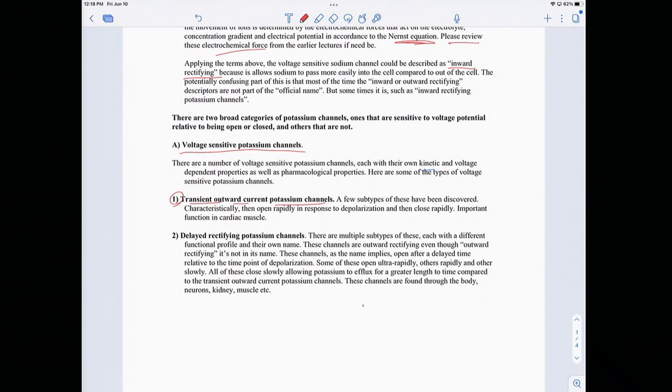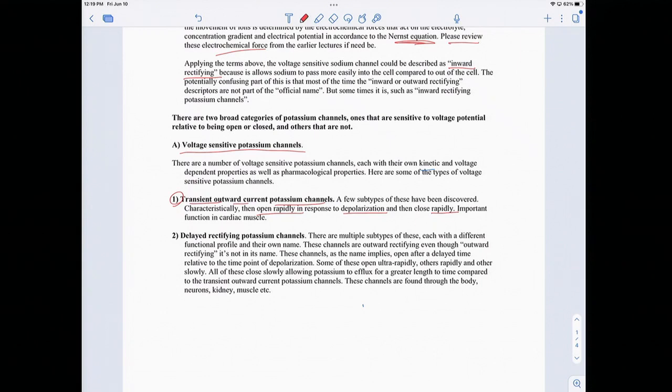And so what we have here is that they will open rapidly in response to depolarization, then they close rapidly. So again, voltage sensitive, if they're sitting in an excitable membrane, and an excitable membrane is a membrane that has the ability to have an action potential, if they're depolarized, they open just for a little bit and then they close.